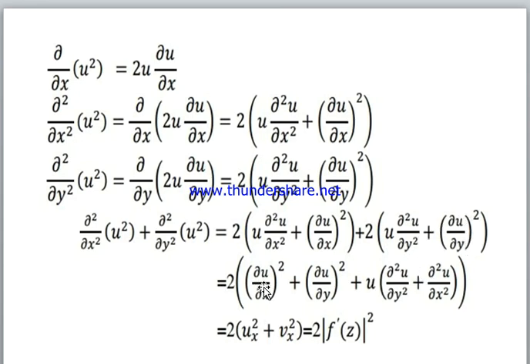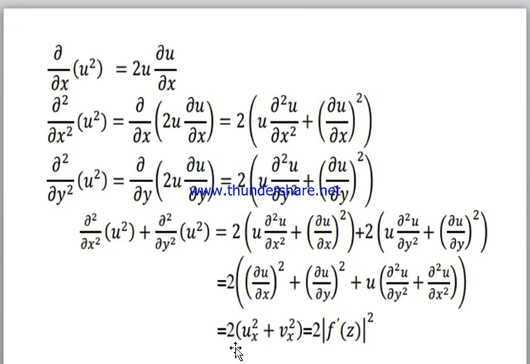Here we can take 2 common, and adding the terms: dou u by dou x whole square plus dou u by dou y whole square, plus u common from these two terms, u into dou square u by dou y square plus dou square u by dou x square. If u is a harmonic function, then this expression is equal to 0.